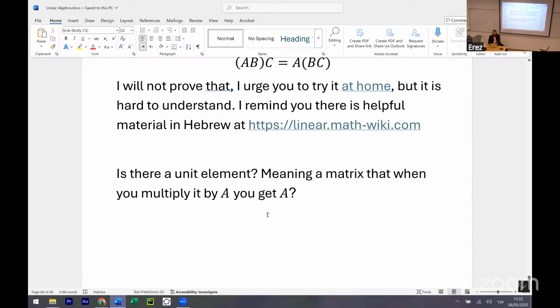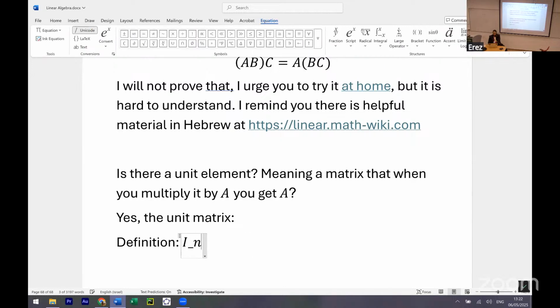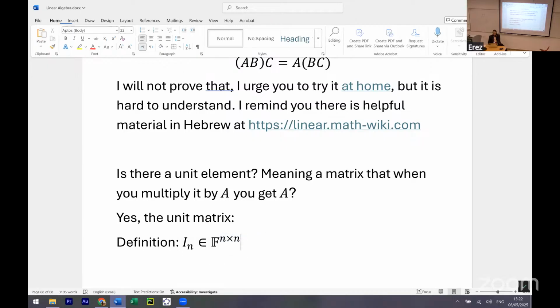And the unit matrix, I'll define it. Definition: I_n in F^(n by n) is defined in the following way.